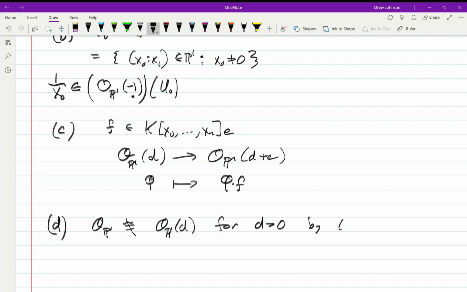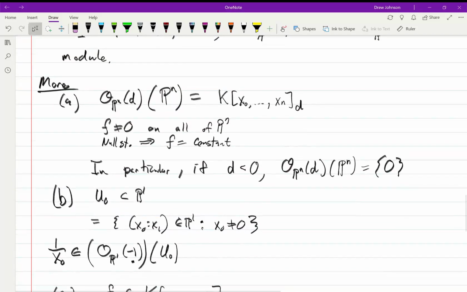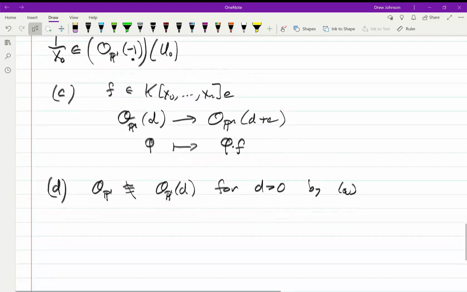Well, by part A, we know their global sections are different, right? The global sections are the degree D homogeneous pieces of this polynomial ring. If they were isomorphic sheaves, they would have the same global sections, so they can't be the same. Okay, and in fact, they're not the same even for D less than 0, but that does not follow from part A. You need one more little thing. Maybe we'll talk about that later.